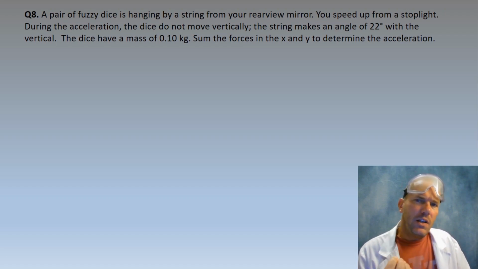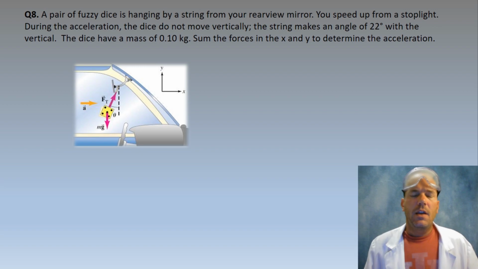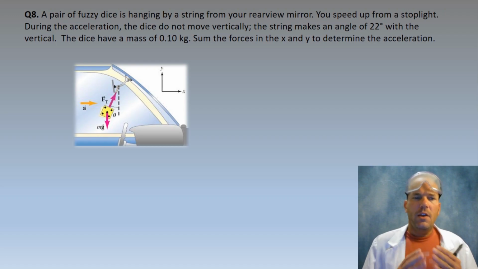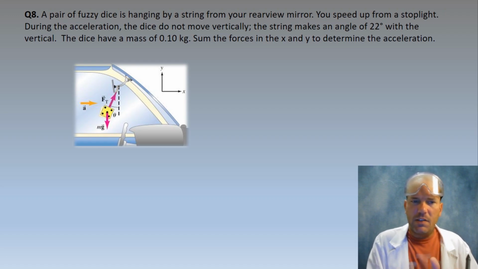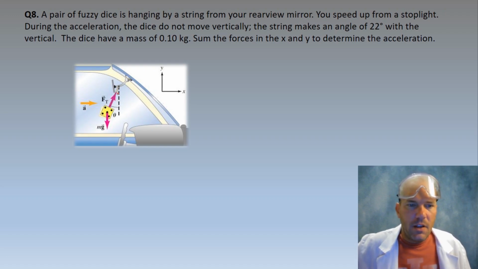Now remember, the acceleration here is happening in the x or horizontal direction. Okay, so a scenario very similar to this one here, where the acceleration in this case is off to the right, and you can see the angle here from the vertical forming.